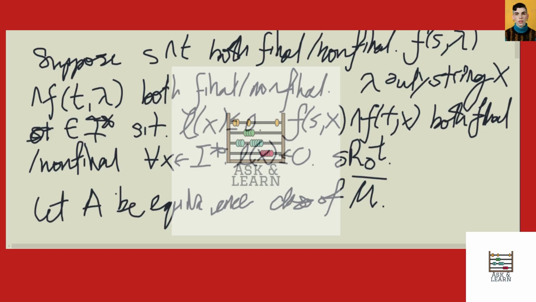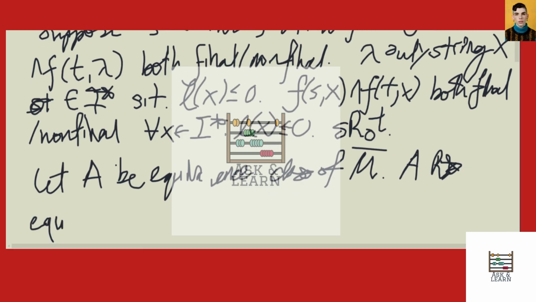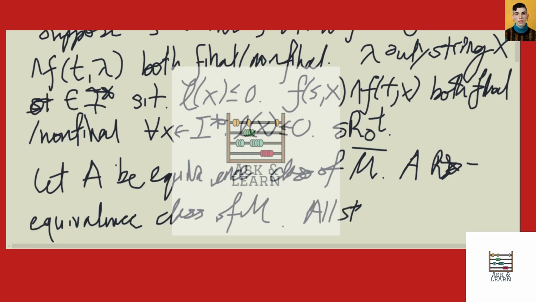Now this implies that A is an R star equivalence class of M. So all states in A are either all final states or are all non-final states in M by a previous exercise.